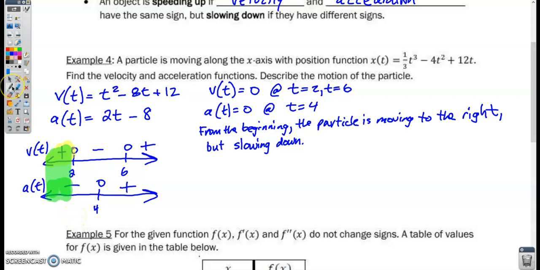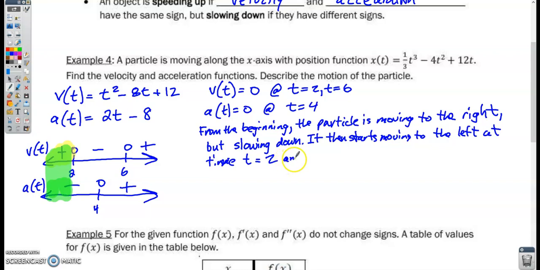Okay, so let's continue. Then at time 2, it changes direction. The velocity goes from positive to negative. So it then starts moving to the left at time 2, and starts speeding up.